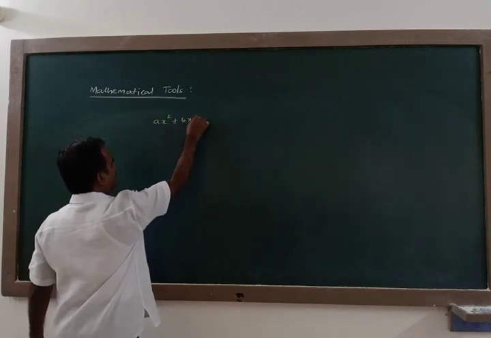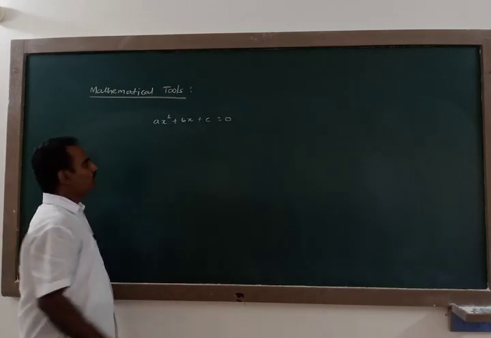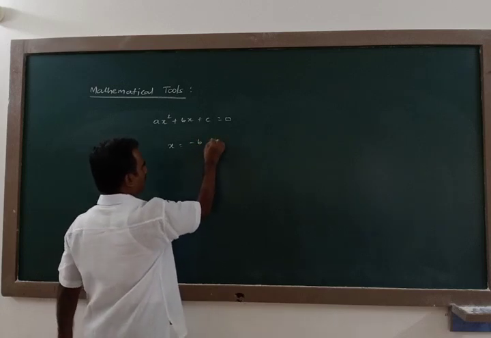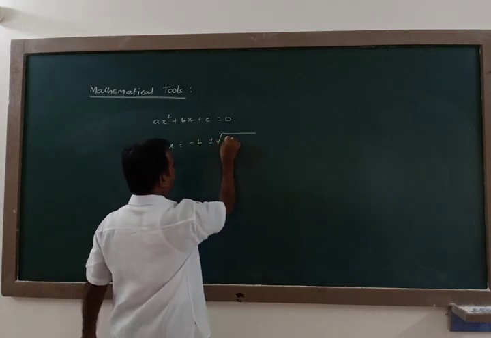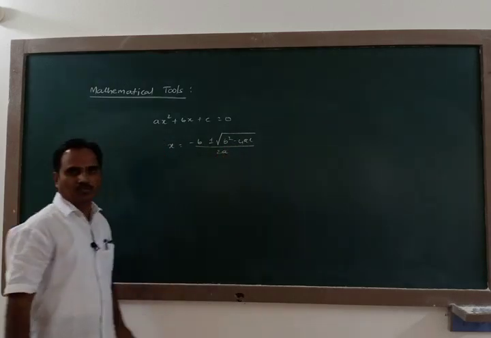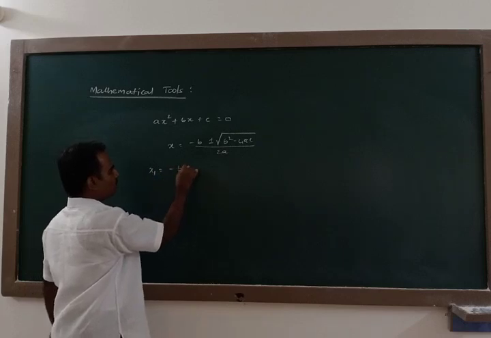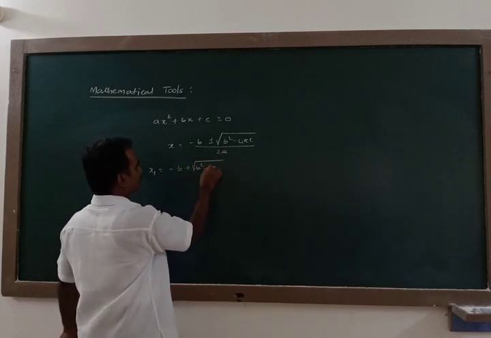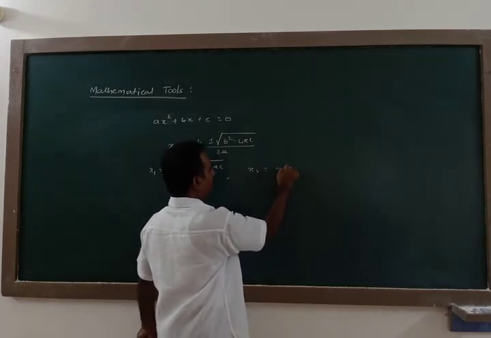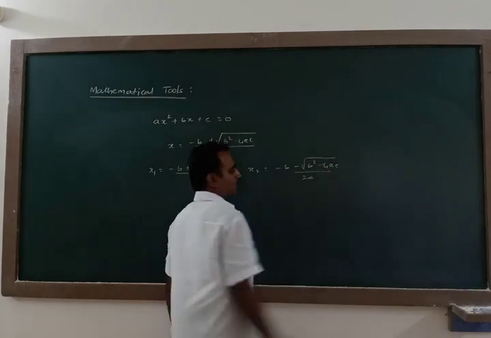ax square plus bx plus c is equal to 0. This is a second order quadratic equation. So what are the roots? You know this relation: minus b plus or minus root of b square minus 4ac, divided by 2a. So if I consider one root, this will be minus b plus root of b square minus 4ac divided by 2a. Correspondingly, the other root will be this one.